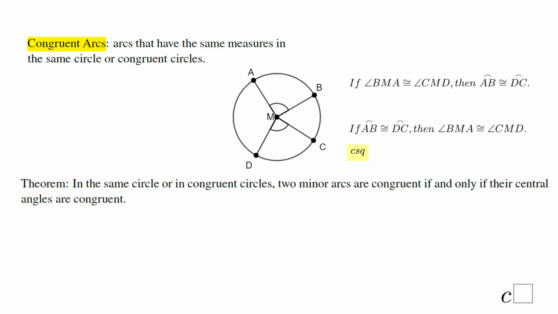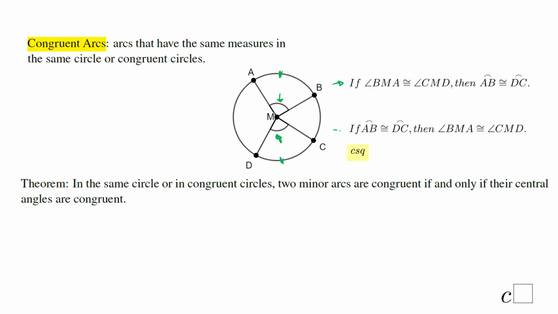You may see a picture like this where you notice congruent angles. If the central angles are congruent, guess what? The corresponding arcs are congruent. That's what it says right here.